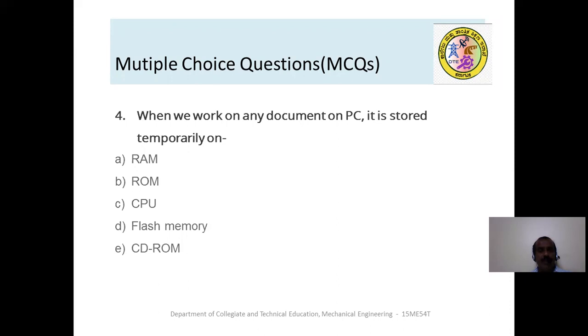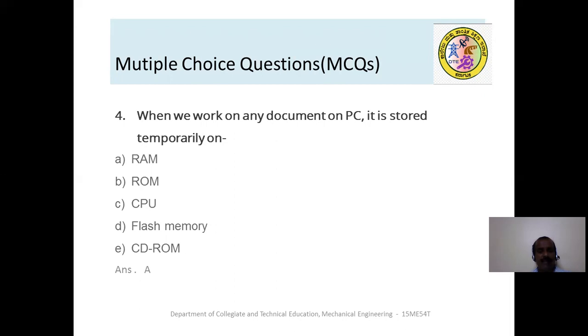When we work on any document on PC, it is stored temporarily on RAM, ROM, CPU, flash memory, CD-ROM. So it is stored temporarily on random access memory.